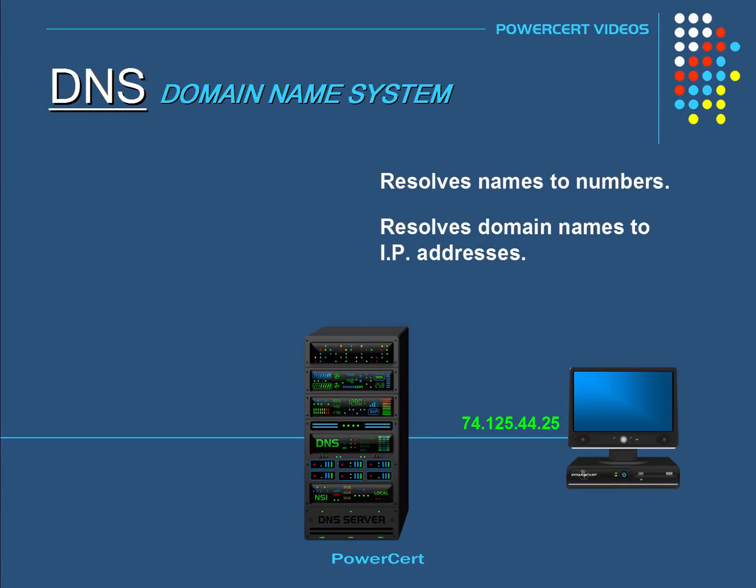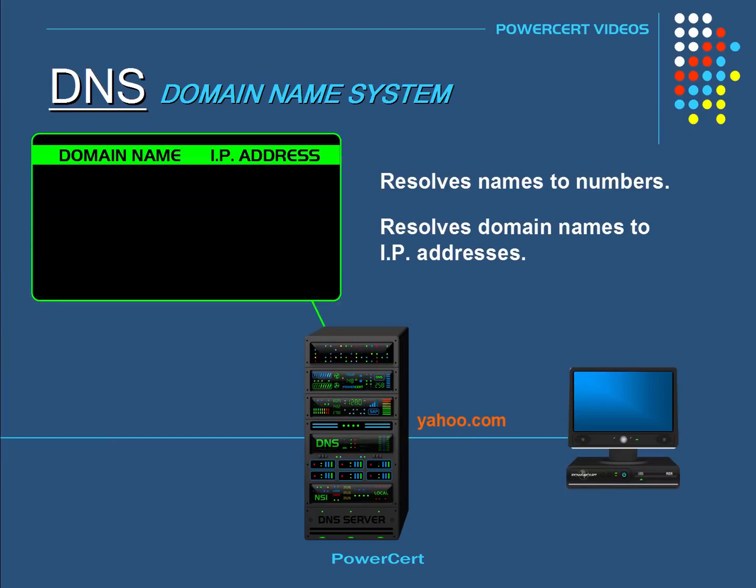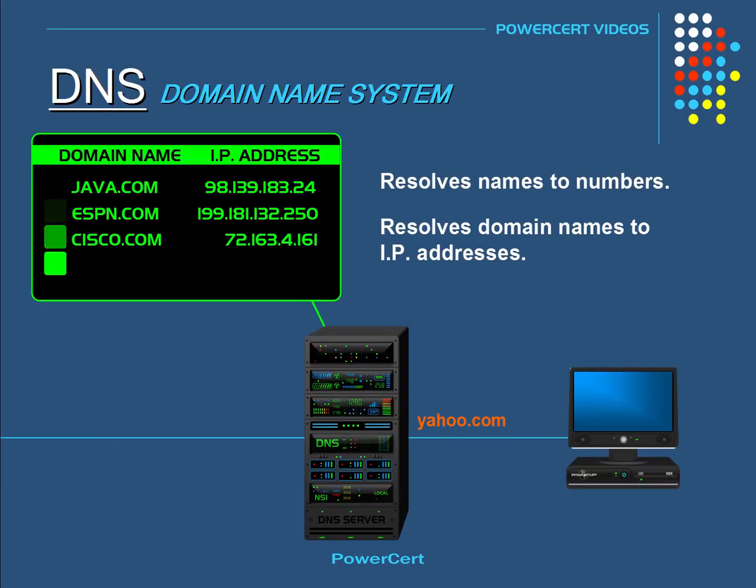But since we are not accustomed to memorizing and dealing with numbers, especially when there are millions of websites on the internet, we can just type in the domain name instead and let DNS convert it to an IP address for us. So back to our example, when you type in yahoo.com in your web browser, the DNS server will search through its database to find a matching IP address for that domain name.